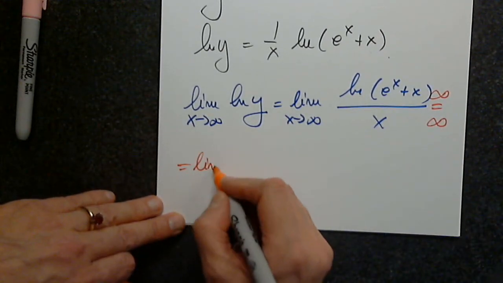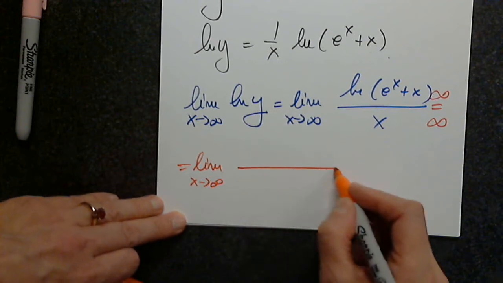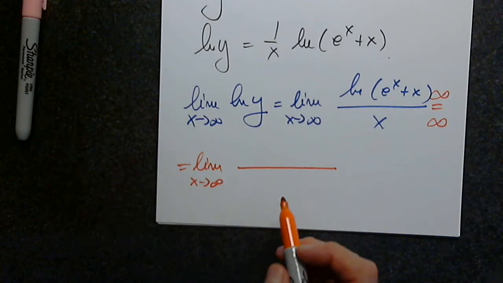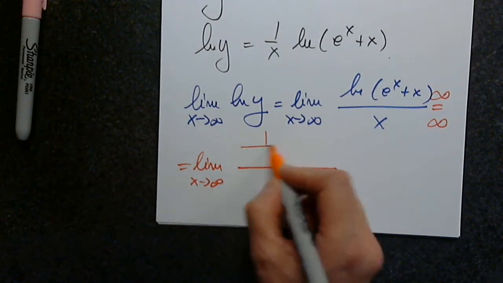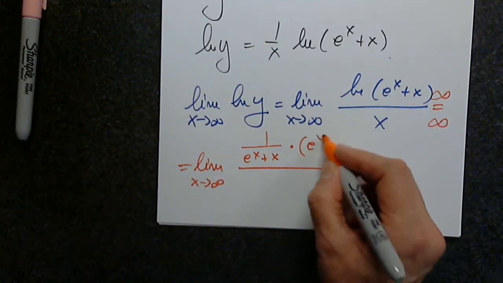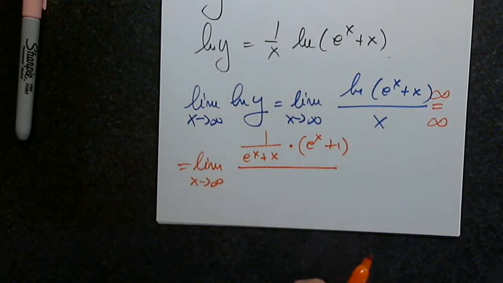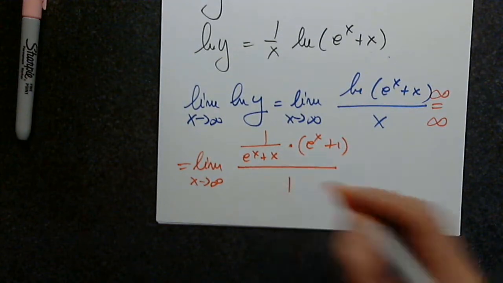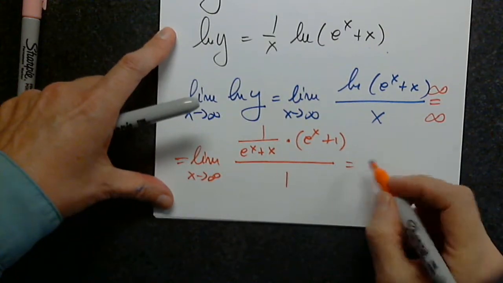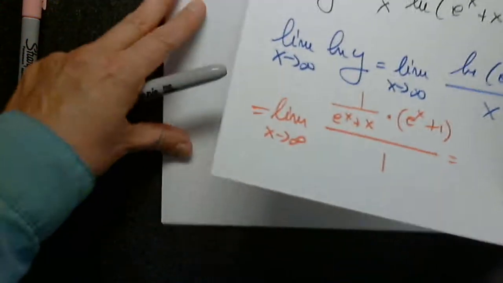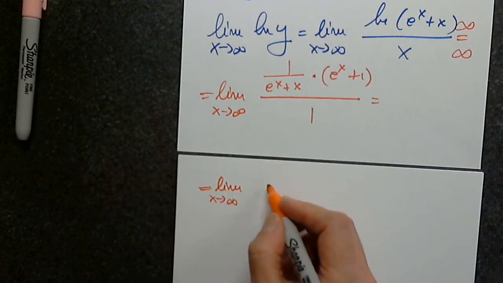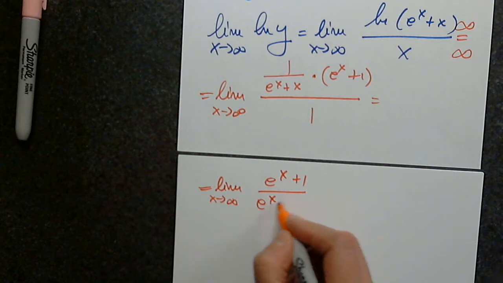So then this is the limit as x approaches infinity, the top. Careful. Excellent. Times the denominator. Exactly. Great. We're not done yet. So I copy. Now this is the limit as x approaches infinity of e to the x plus 1 over e to the x plus x.